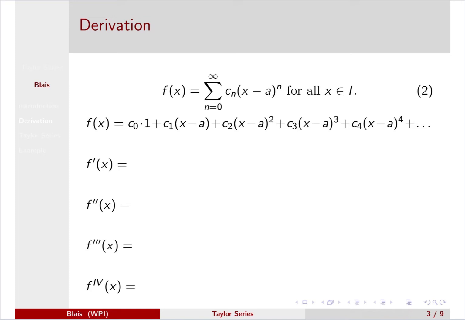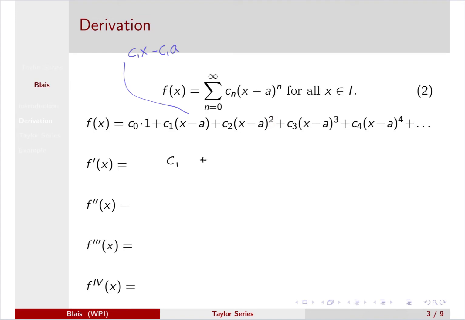When we take the first derivative, we note the derivative of this first term, which is just a constant, is 0. The second term will have derivative c1, because note, if you multiply this out, you have c1 x minus c1 a. So the derivative of this term with respect to x is c1. For this term, we have a power rule problem.